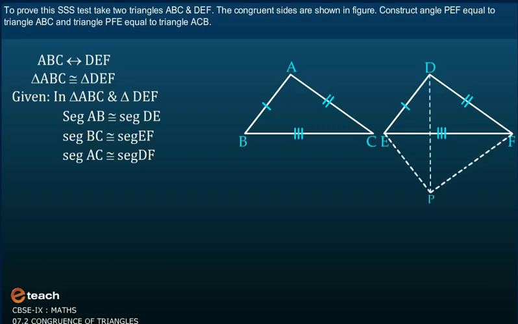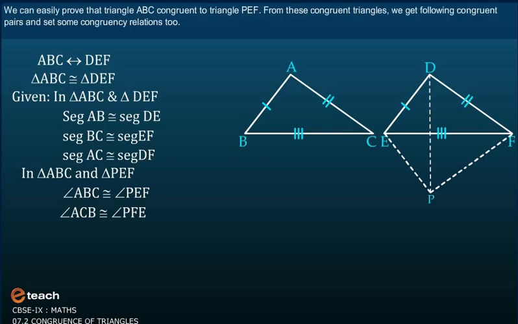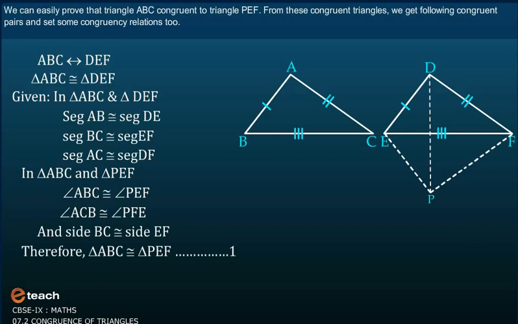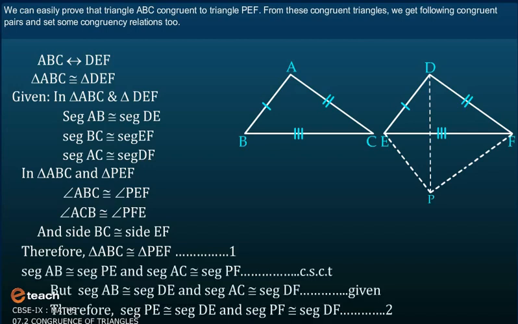Construct angle PEF equal to angle ABC and angle PFE equal to angle ACB. We can easily prove that triangle ABC is congruent to triangle PEF. From these congruent triangles, we get the following congruent pairs and some congruence relations too.